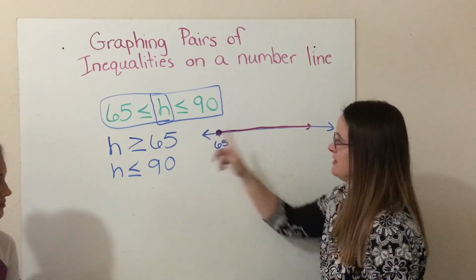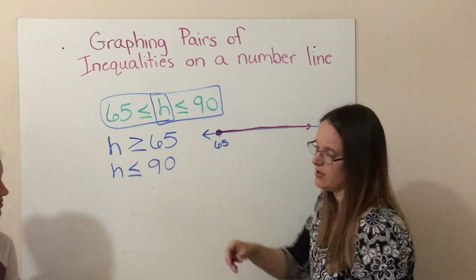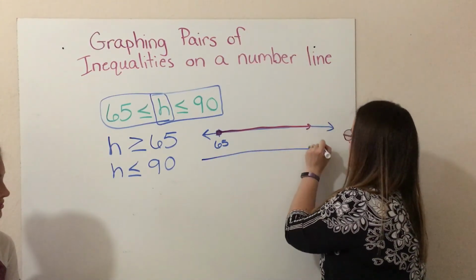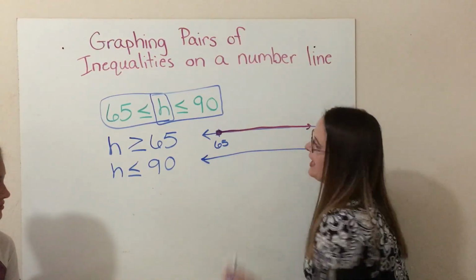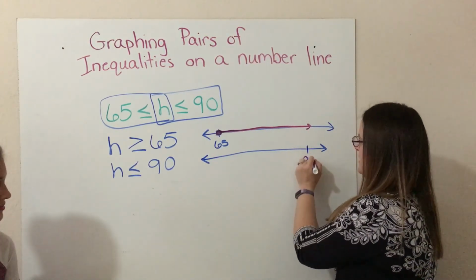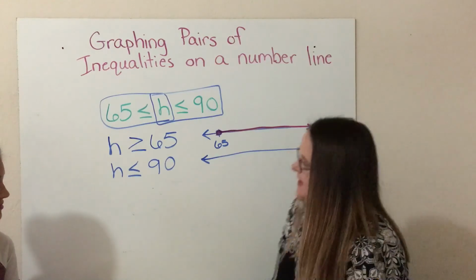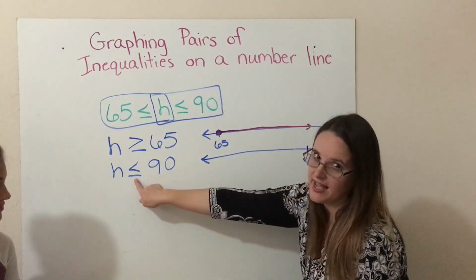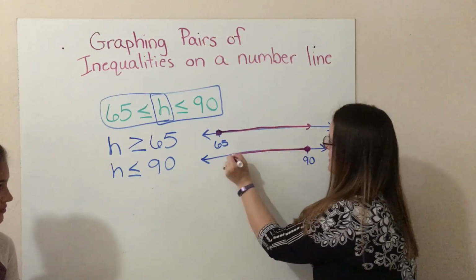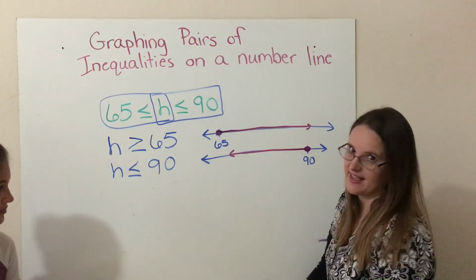So, this number line represents this inequality. We're going to make another number line that represents our second inequality here. h is less than or equal to 90, so we'll put 90 over here. And it's a closed dot because of the equal sign. And then my arrow goes that way, less than.